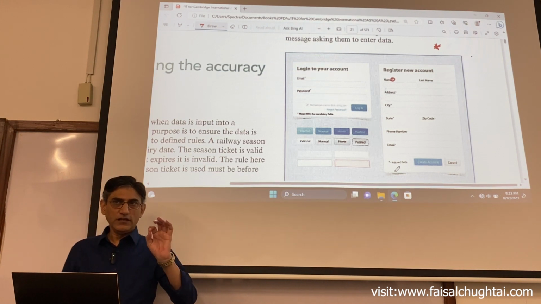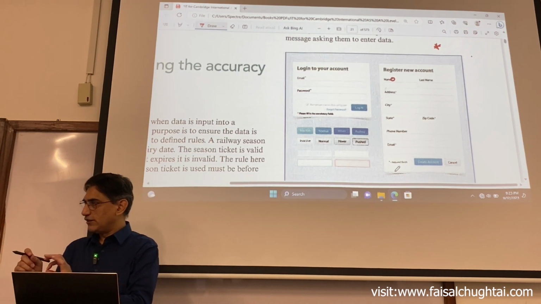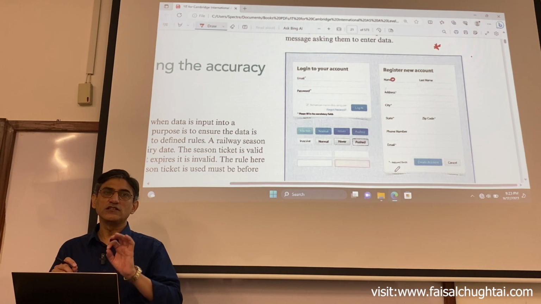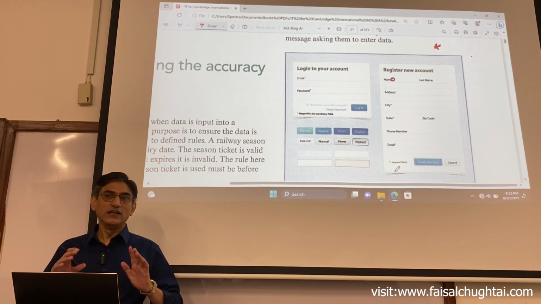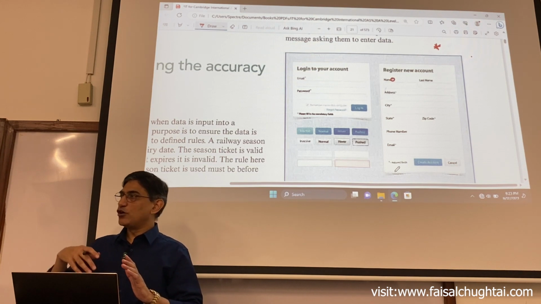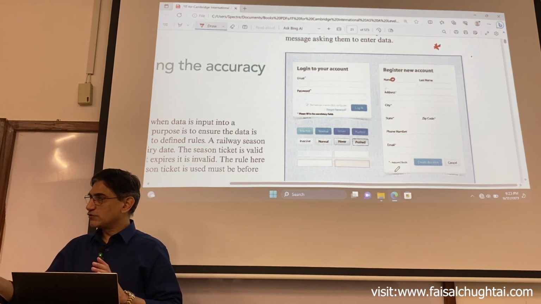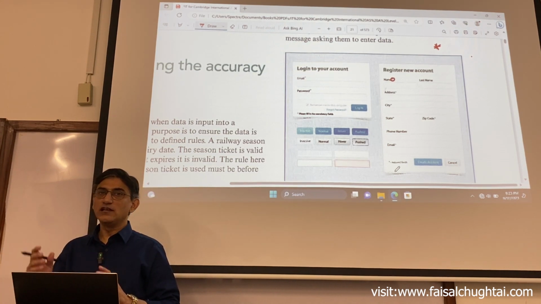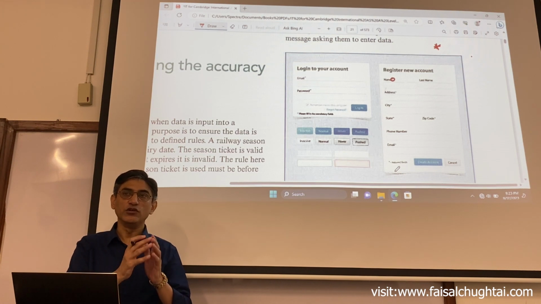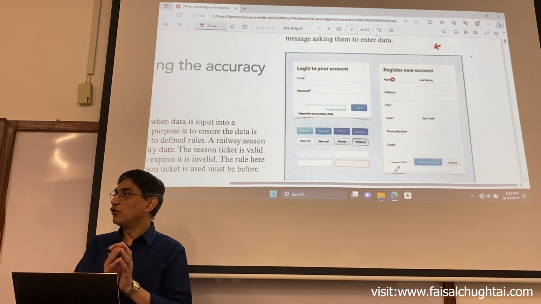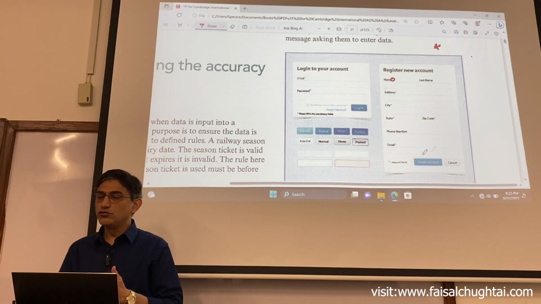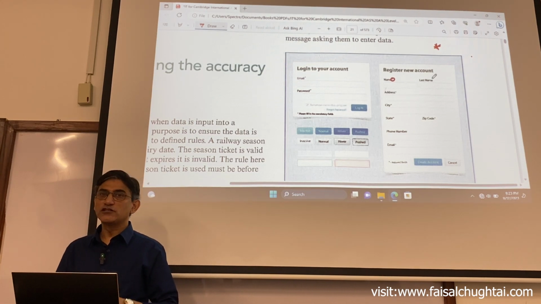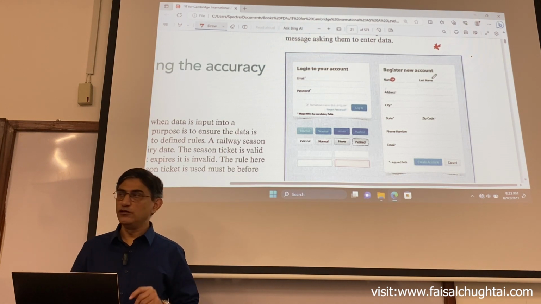Now, the fields that have this star with them, it usually says that this is required. That this is required means that the data you're inputting into this form cannot be processed unless you input data in this field. It cannot be left blank or empty. But the one that does not have the star is not a mandatory field to be filled in.